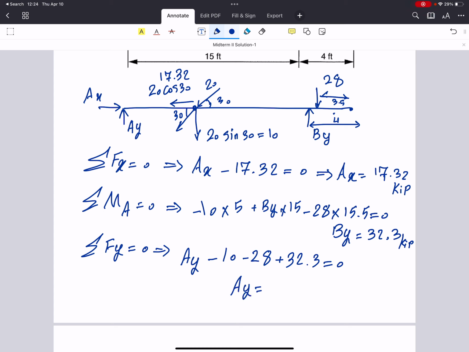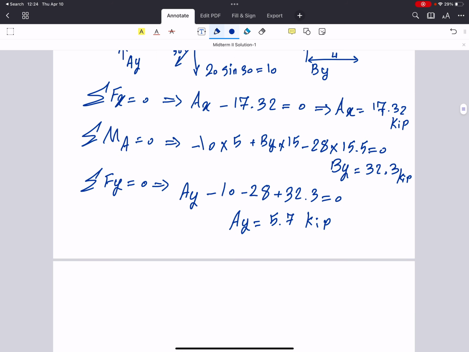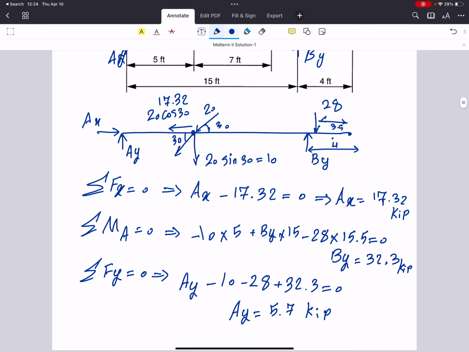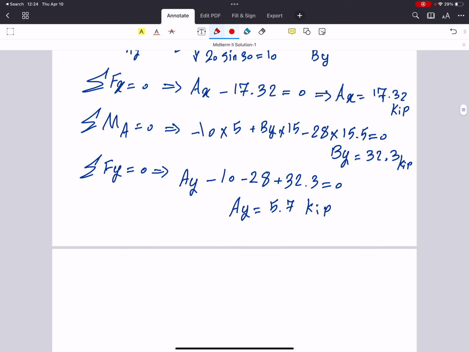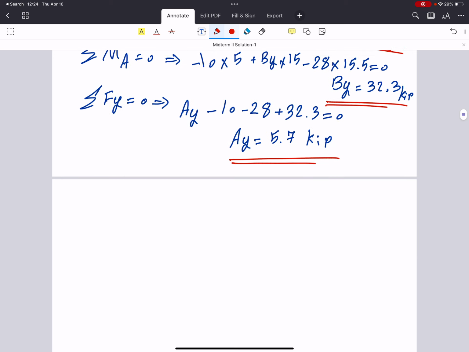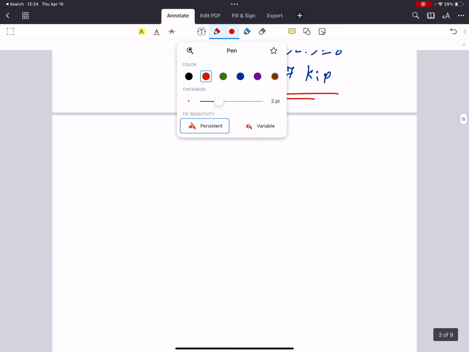My AY is 5.7. Okay, so these are the numbers. Let's go to the next problem.